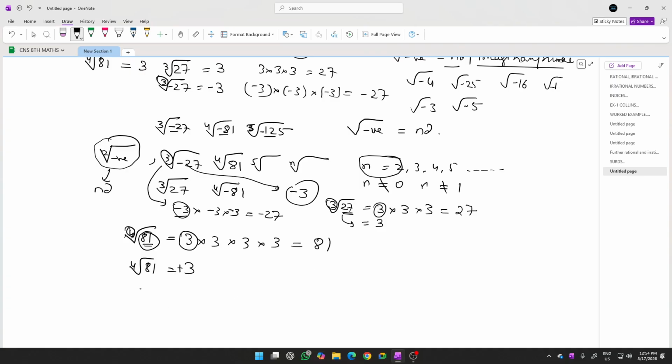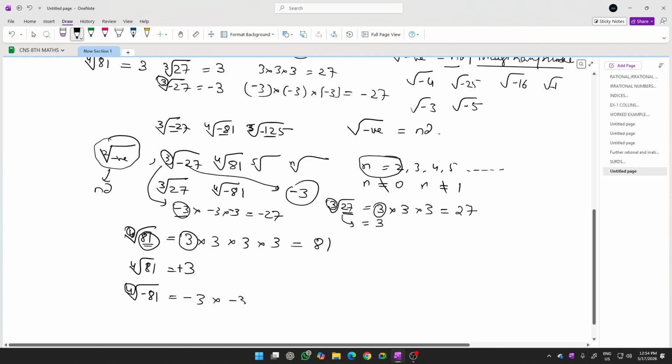Same way, is the 4th root of minus 81 also possible? How? Think of a number which multiplied 4 times will give you minus 81. So minus 3, minus 3, minus 3 and minus 3. But now you can see that when you multiply this 4 times, minus into minus is plus, plus into minus is minus, minus into minus is plus.